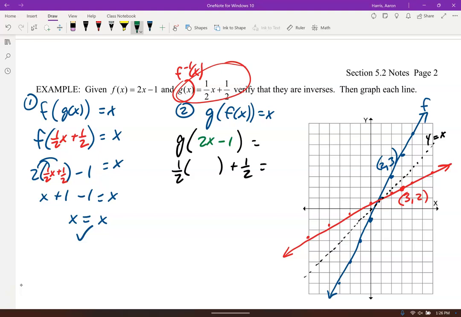That's what I'm wanting. Distribute that through. We got x minus a half. I still have that plus a half. Well, those are gone. Sure enough, x equals x. Satisfied 1 and 2. We just proved that they are inverses algebraically. That's how you verify that they are inverses.